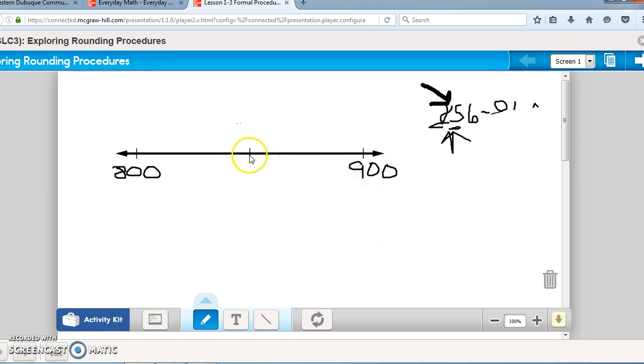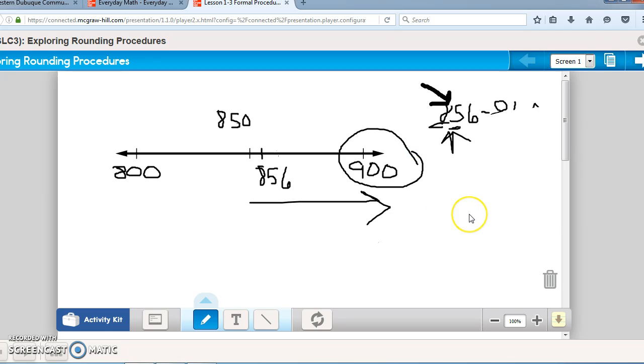So my number exactly between 800 and 900 is 850. Again, 856 would come after 850. Therefore, I know that I must round up. So 856 this time would actually round to 900.